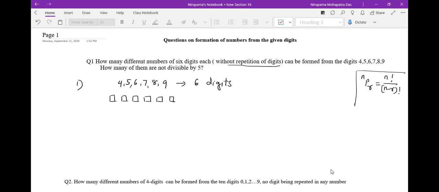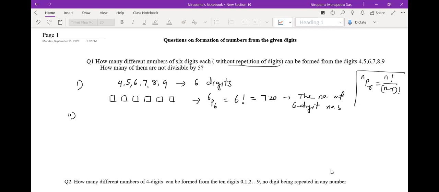Without any restriction, 6 digits can be placed in 6 places in 6P6 ways, that is equal to factorial 6, which equals 720. So this is the number of 6-digit numbers.